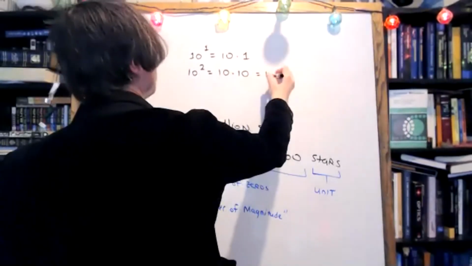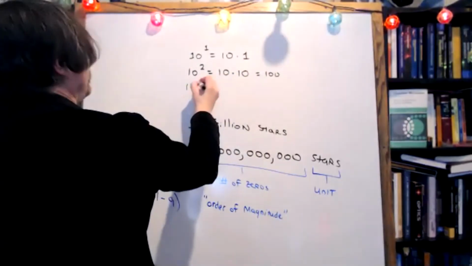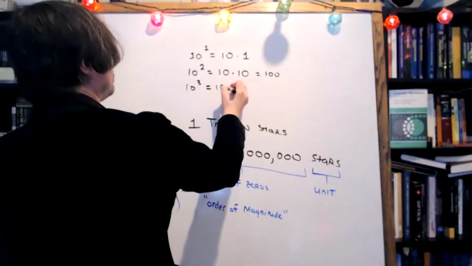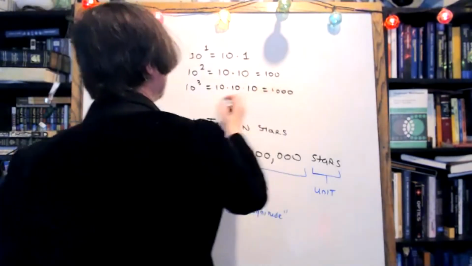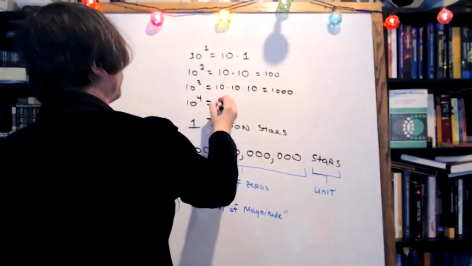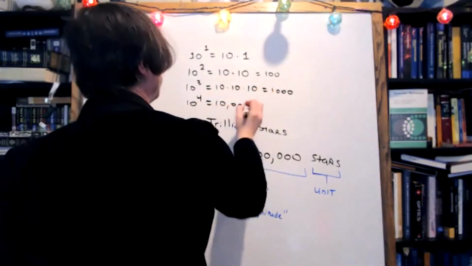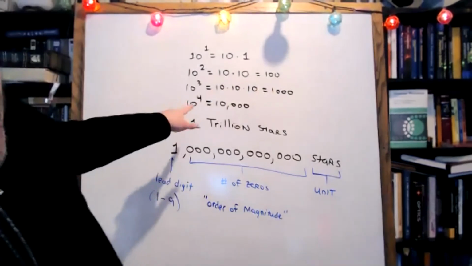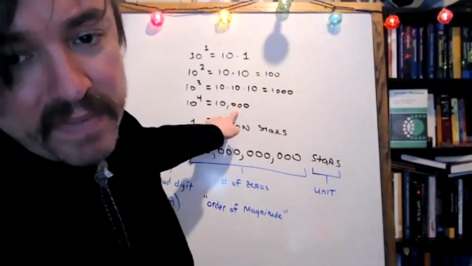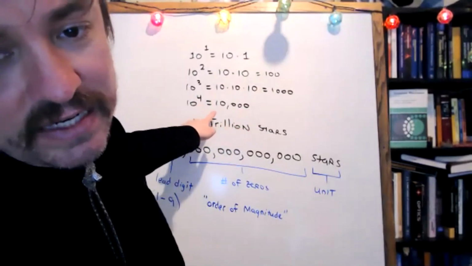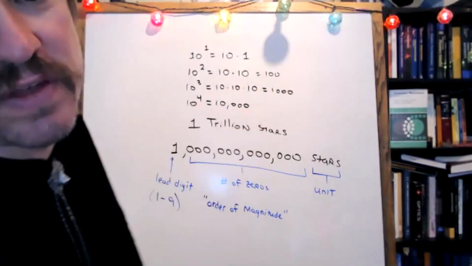That's 100. 10 cubed is 10 times 10 times 10, which is 1,000. 10 to the power of 4 is 10,000. Notice the pattern. When you raise 10 to some power, you get a 1 with that many zeros after it. So 10 to the power of 4 is a 1 with 4 zeros after it.